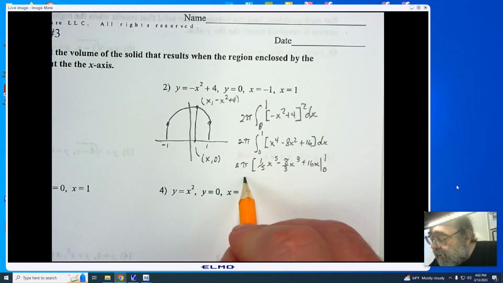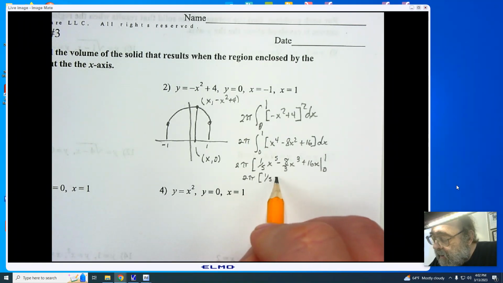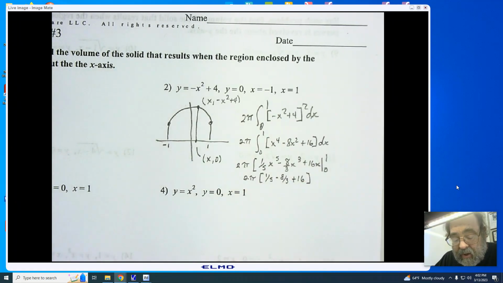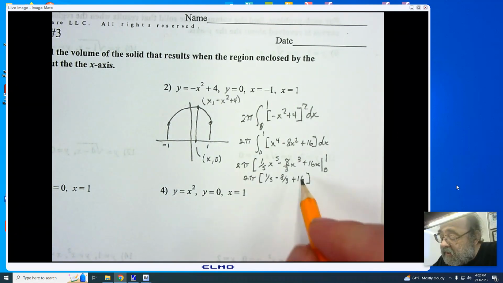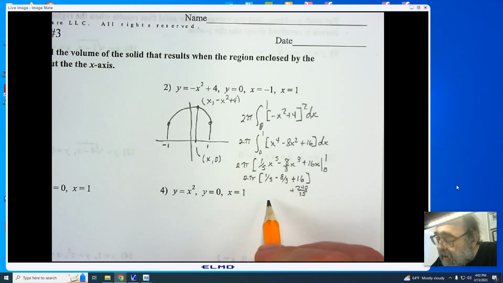And therefore, we end up with 2 pi multiplied by 1/5 minus 8/3 plus 16, and we need to get it in terms of 15ths. So if I have the 16, we get it into 15ths, you're looking at 240 15ths. I have 24. Let's try that again. That's 40 15ths.